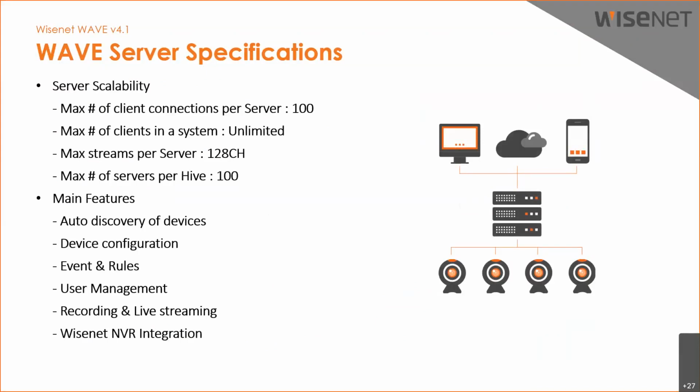The maximum number of clients in the system is unlimited, because we support server merging. If you have more than 300 or 400 cameras, you have to use multiple servers to cover every camera. In that case, you can combine multiple servers, and they will work as one system.